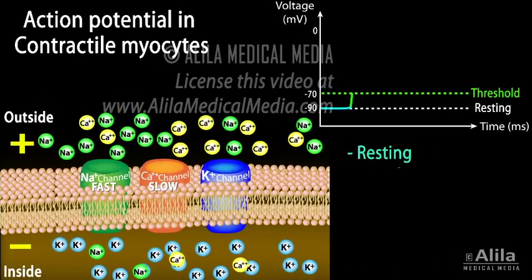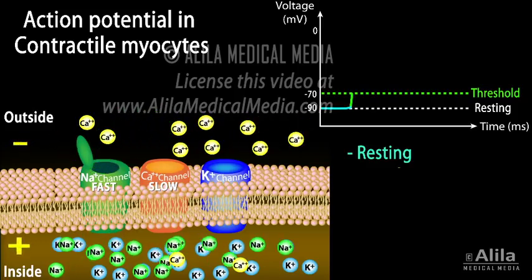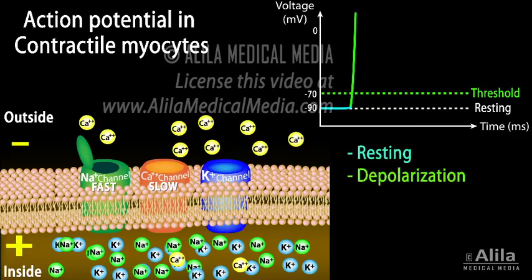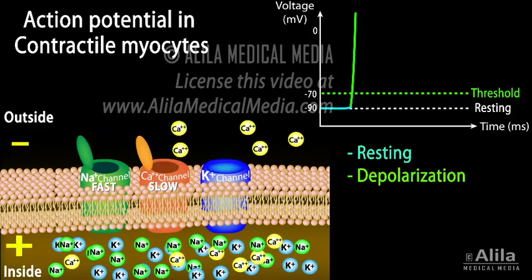At threshold, fast sodium channels open, creating a rapid sodium influx and a sharp rise in voltage. This is the depolarizing phase. L-type or slow calcium channels also open at -40 millivolts, causing a slow but steady influx.